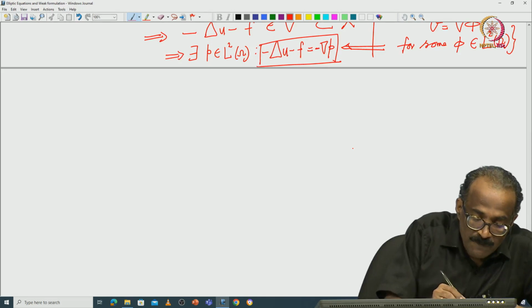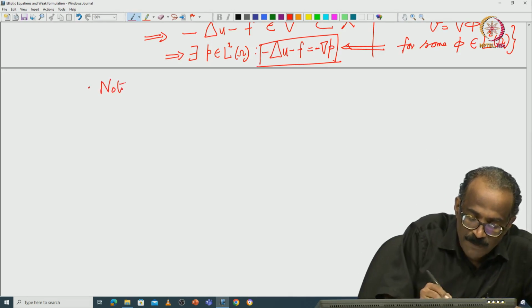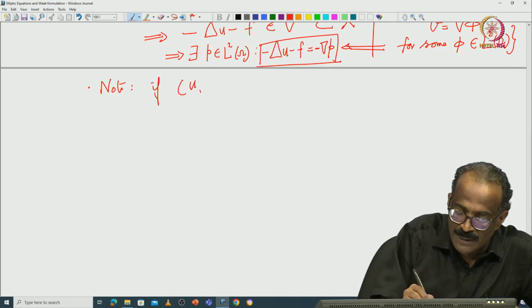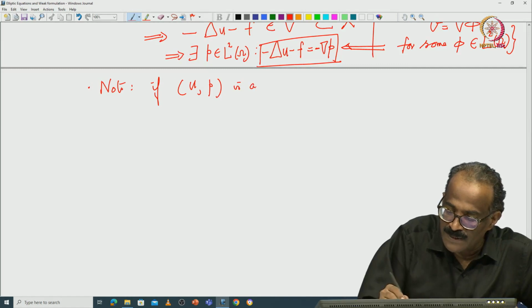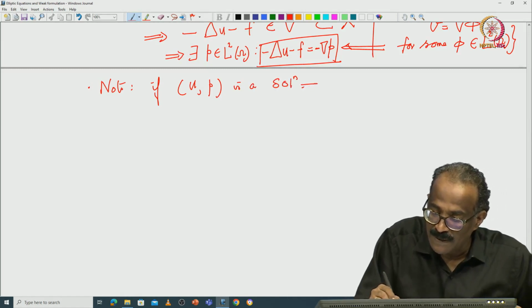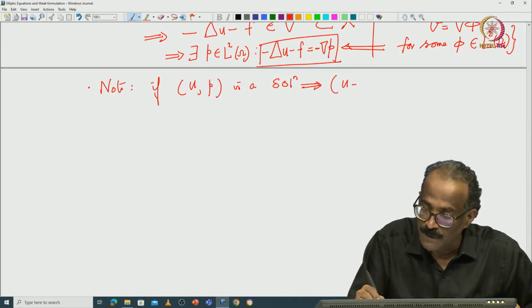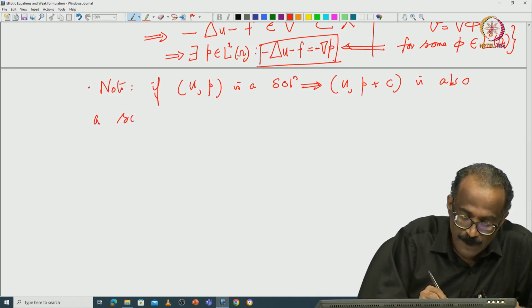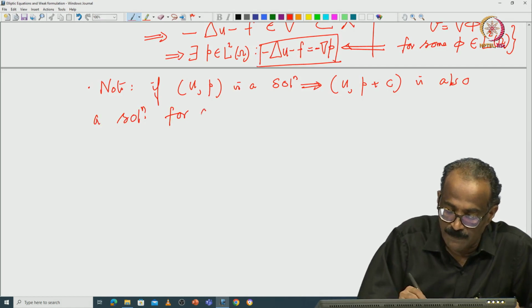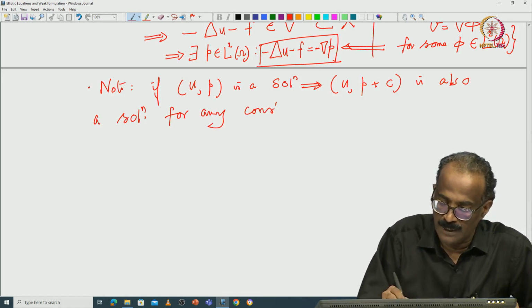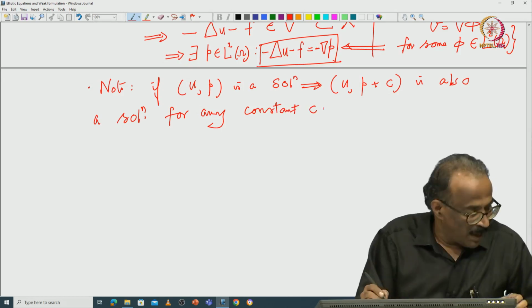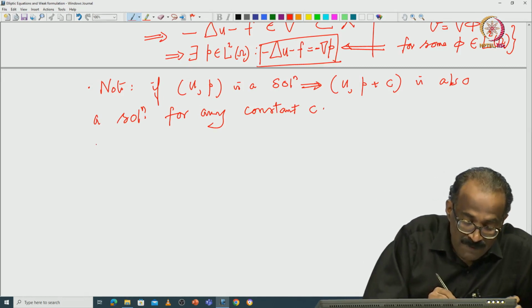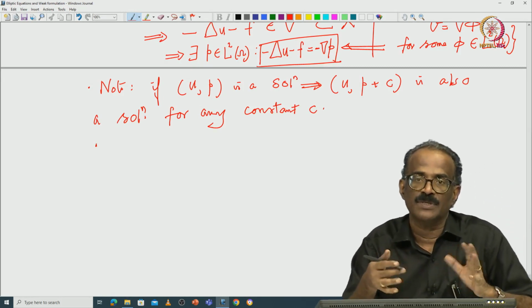Okay. But now the first observation or a note: if U, P is a solution, then you can add any constant, so U, P plus C is also a solution, for any constant C. So, we will discuss a little more about the velocity pressure formulation.